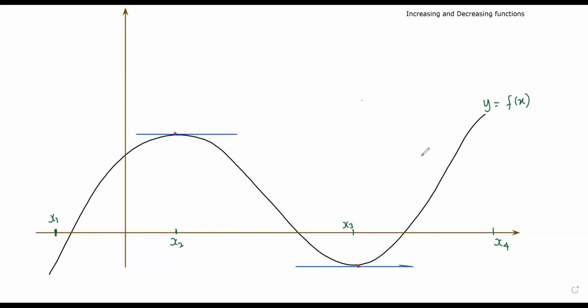Let's say I take the points x1 and x2, so we know that x1 is less than x2. And this is the graph of y equals f(x). If f(x1) is also less than f(x2), then the function is an increasing function.